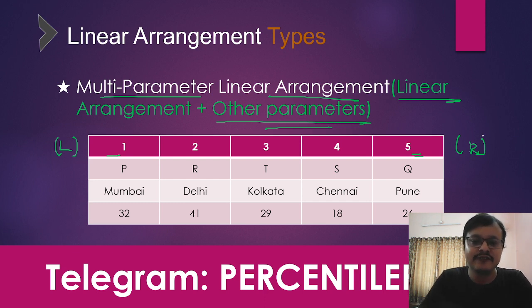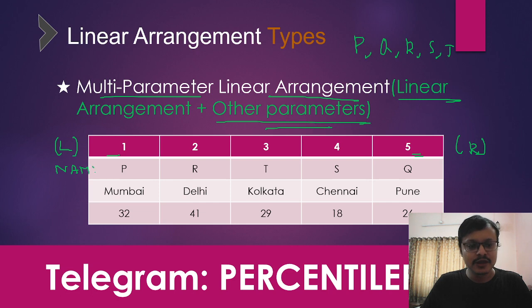So you have the 5 people, that is P, Q, R, S and T. But your objective doesn't only end at fixing the positions of P, Q, R, S and T. What you also need to do is, along with the names, get which city they are from. Also what you need to do is get what age each of them belongs to.